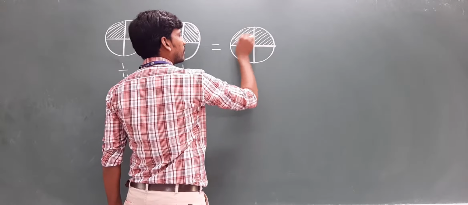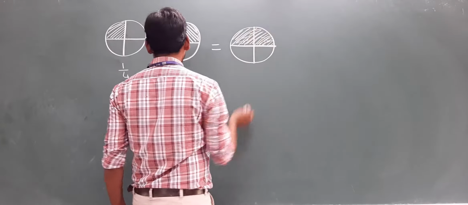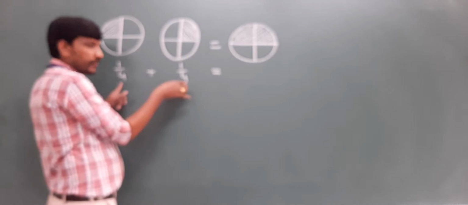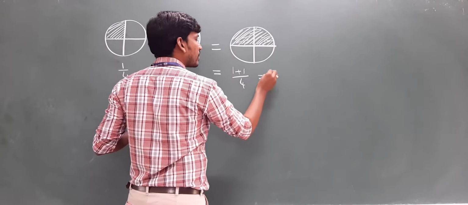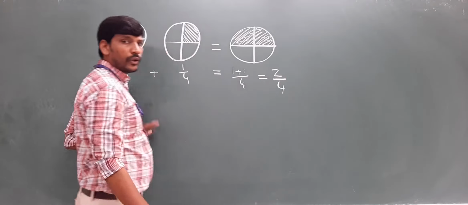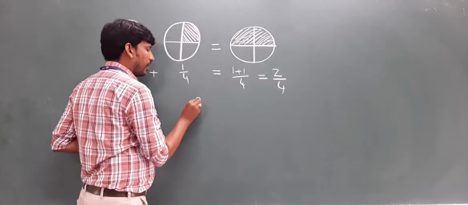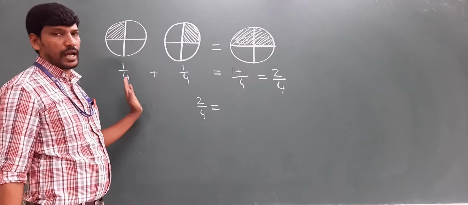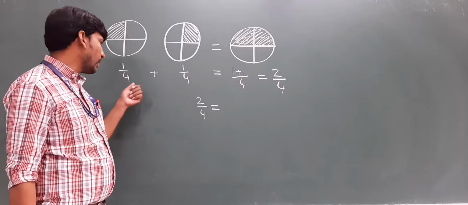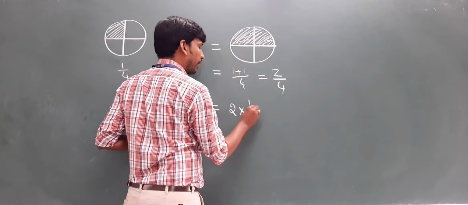So 1 by 4 plus 1 by 4 is equal to, both are like fractions because the denominators are the same, so 1 plus 1 by 4, which is equal to 2 by 4. This I am going to write in a different manner. 2 by 4 is equal to, here there are two fractions, both are the same, 1 by 4 and 1 by 4. So I am going to multiply 2 into 1 by 4.